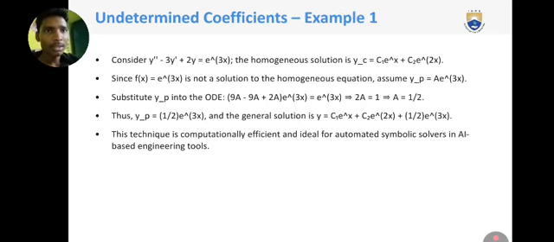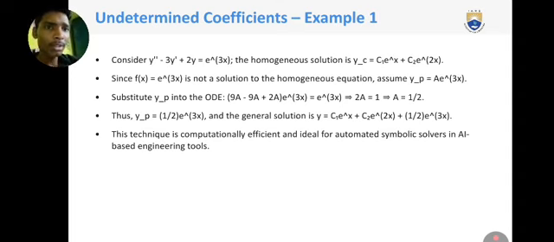Undetermined coefficients, example 1. Consider y double dash minus 3 y dash plus 2y is equal to e power 3x. The homogeneous solution is y c is equal to c1 e power x plus c2 e power 2x.